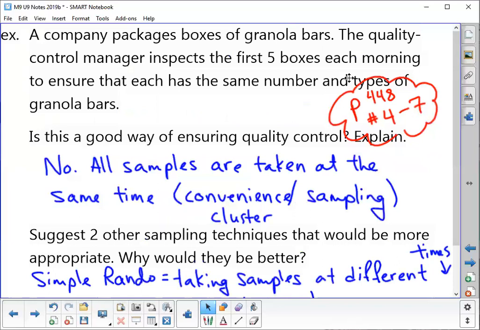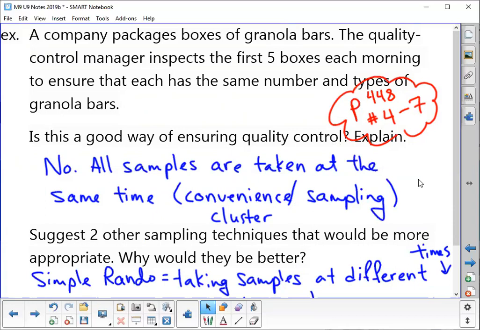So a company packages boxes of granola bars. The quality control manager inspects the first 5 boxes each morning to ensure that each has the same number and types of granola bars. So is this a good way of ensuring quality control? Explain. Well, we said no. All samples are taken at the exact same time, so you have no idea what's happened in the last 24 hours.